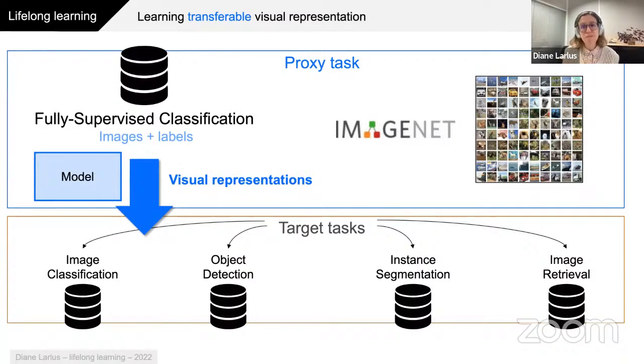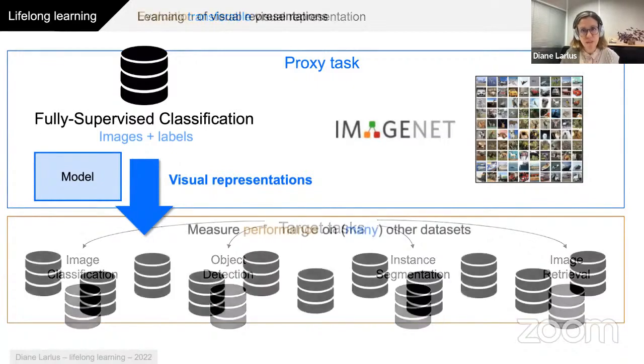So the problem here is that we don't know in advance which task the visual representation is going to be applied to, right? Maybe it's going to be image classification, maybe it's going to be detection. We don't know yet, maybe it's going to be something very different. But we want to build a visual representation that is going to be as useful as possible for future tasks as well. So we would like to evaluate the generalization capabilities of these visual representations.